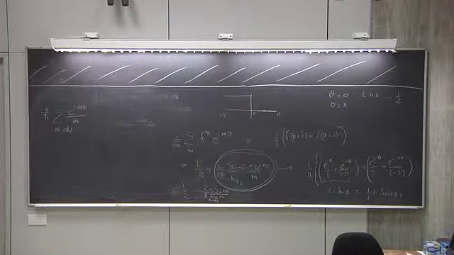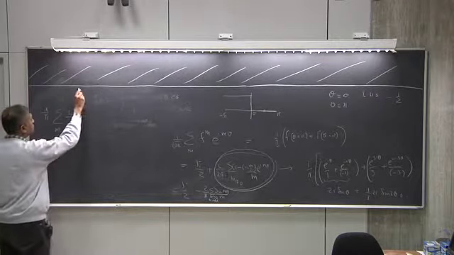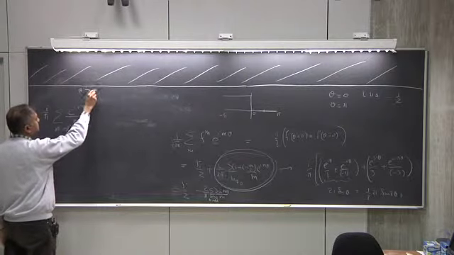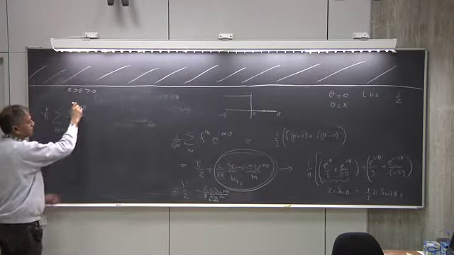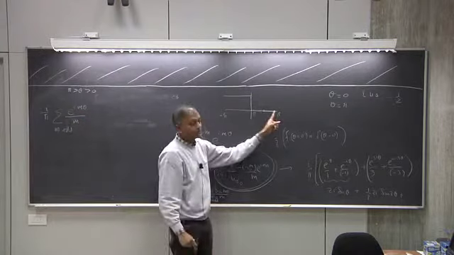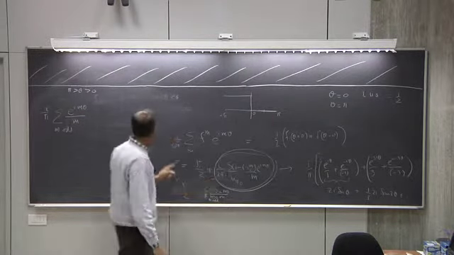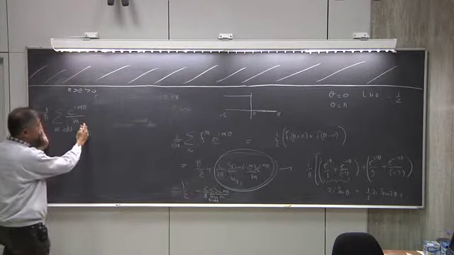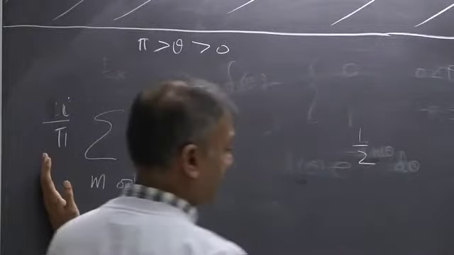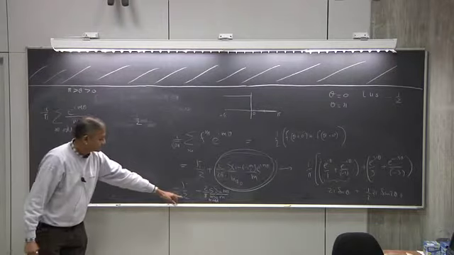So what we want to show is that for theta strictly greater than 0 and strictly less than pi, somewhere in between, not at the end points, this must give you 1/2, so that it cancels with this.